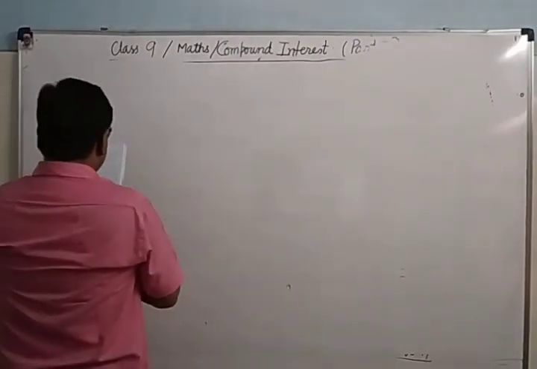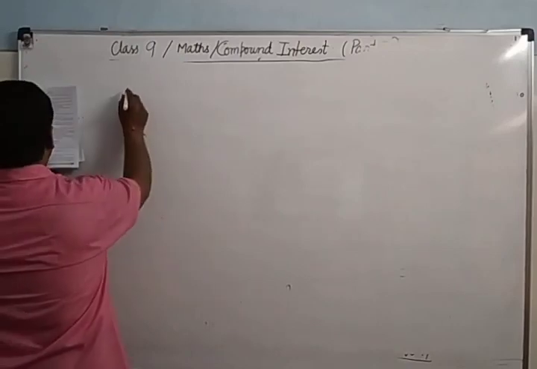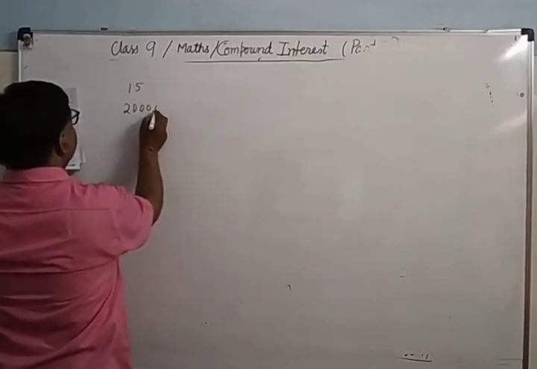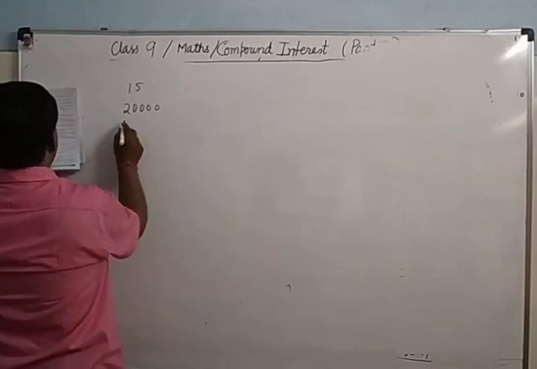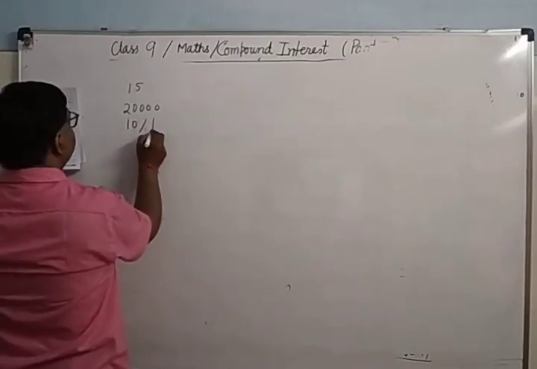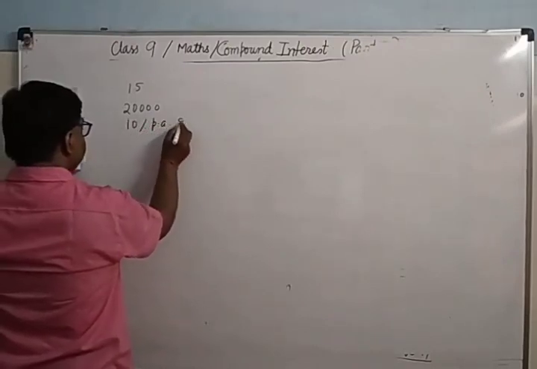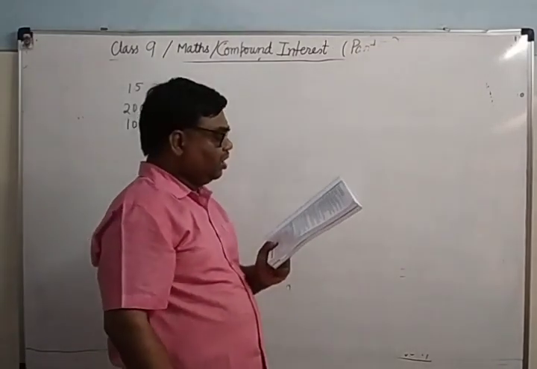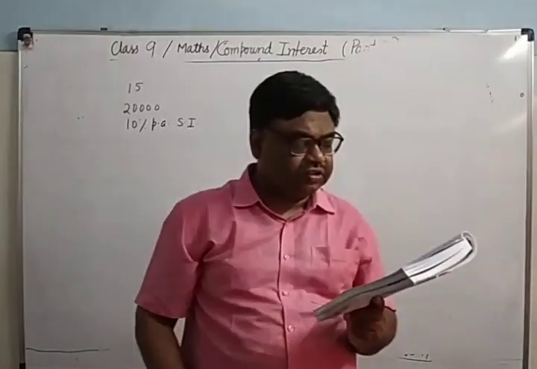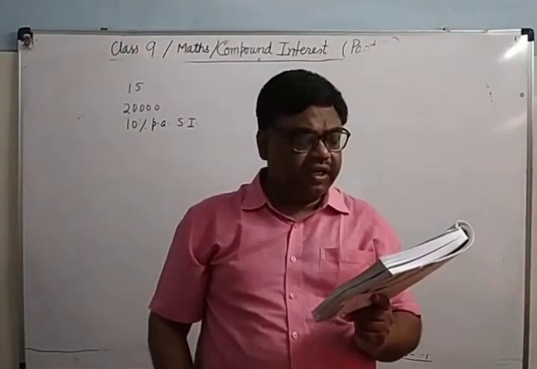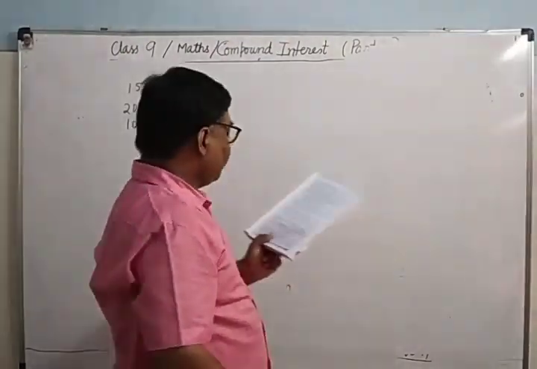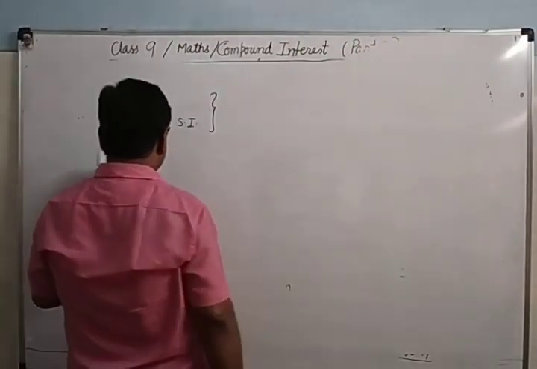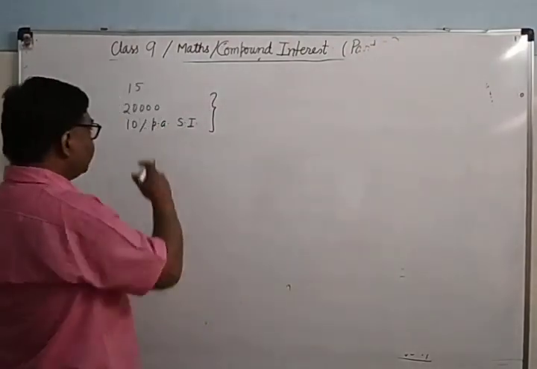Vikram borrowed means उधार लिया उसने. Vikram borrowed 20,000 from a bank at 10% per annum simple interest. Means he has to pay simple interest to the bank. He lent it to his friend Venkat at the same rate. Lent this to his friend means उधार दे दिया.